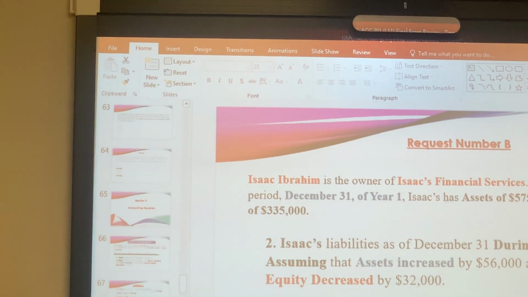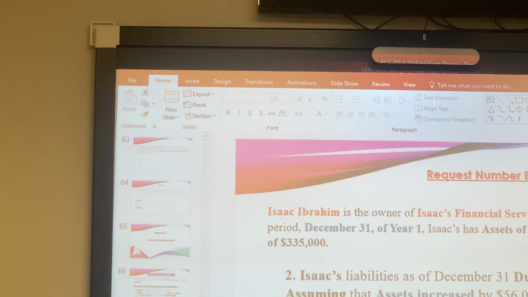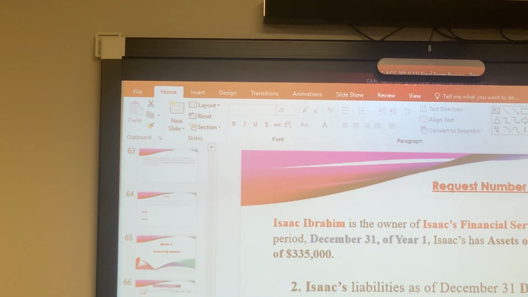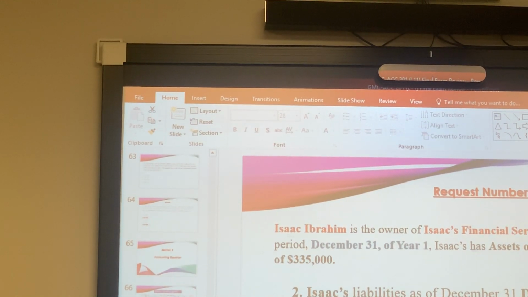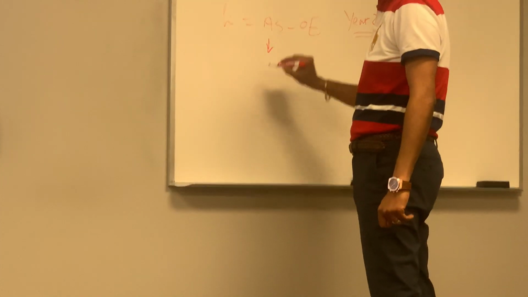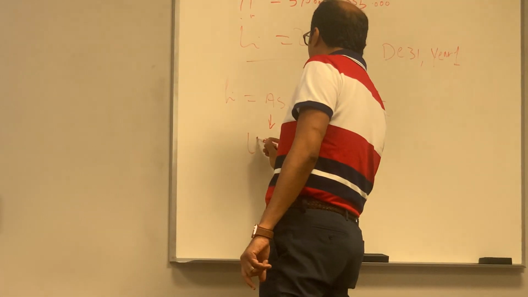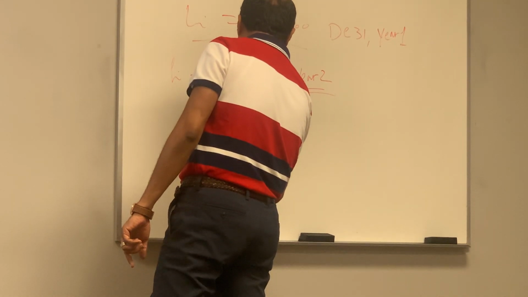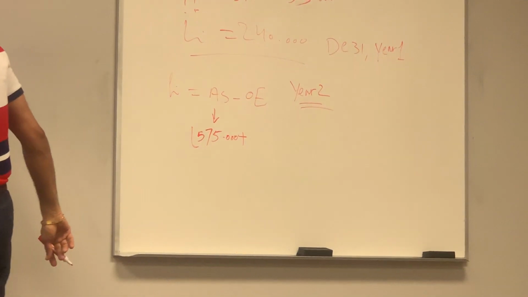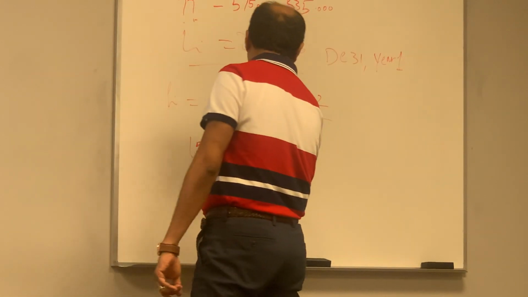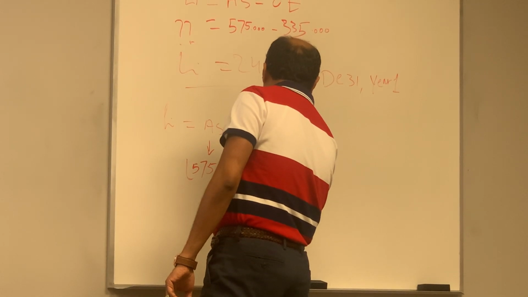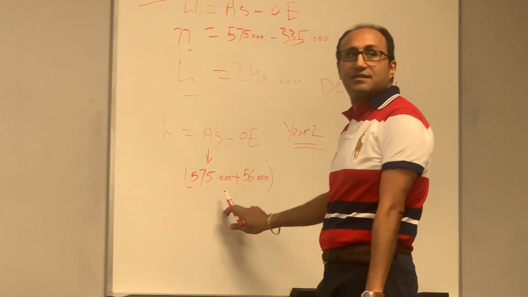Liabilities equal assets minus owner equity for year 2. First the assets: the original $575,000 plus $56,000 gives us the new assets.